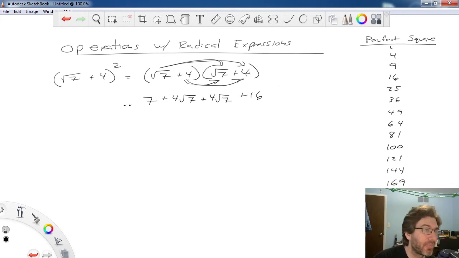So you get that. Here we're going to get 7 plus 16, which gives you 23. And then 4 square roots of 7 and 4 square roots of 7 become 8 square roots of 7.